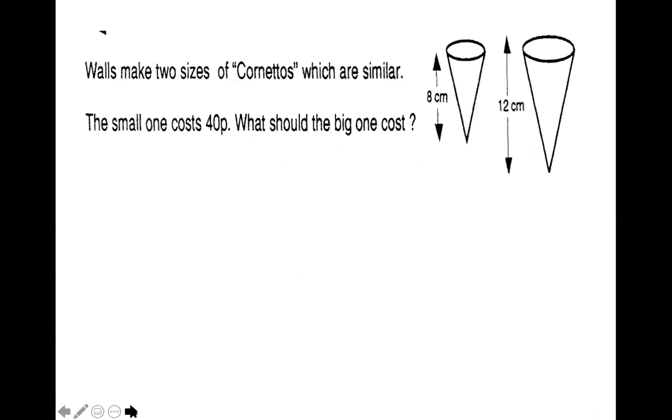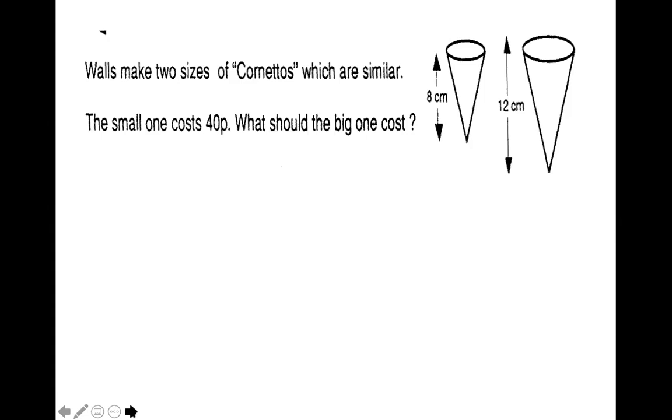In this example here, we've got two sizes of cornettos. The small one costs 40p. What should the big one cost? Again, it's not just about the length that will decide what the cost is. It's what you're going to put inside that, which is a volume. So because you're going to put ice cream in it, you are talking volume. They've not told us that, but we need to think outside the box, even if it's what's going to be inside it, to know that they are checking for us to see if we know that this is a volume that matters, okay?